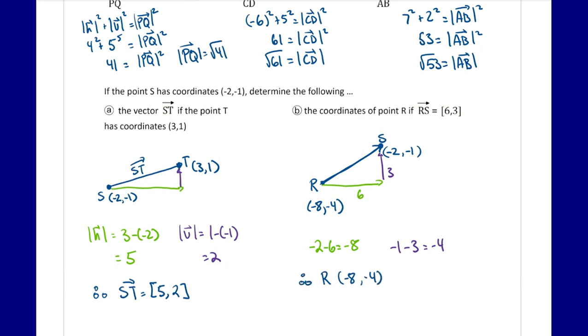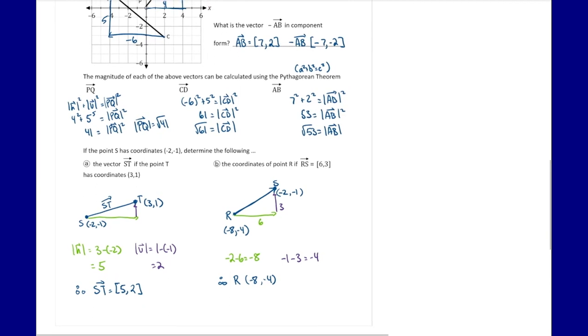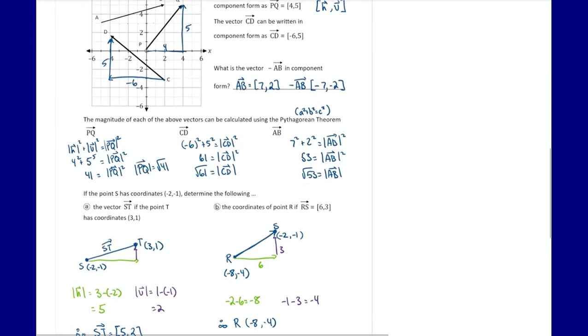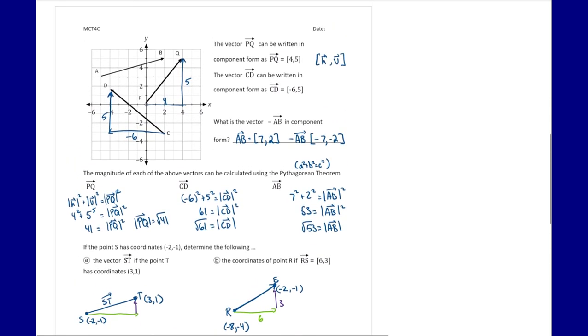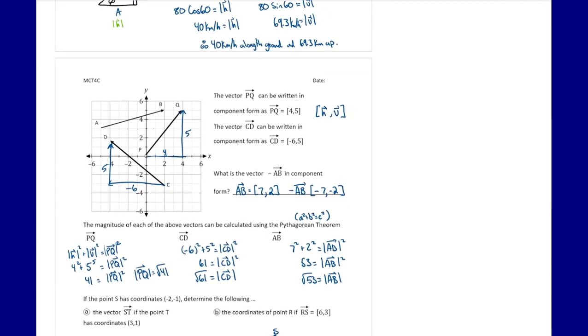So this lesson was just focusing on breaking down vectors into a horizontal and vertical component, understanding how to find the horizontal and vertical component if we are given angles and degrees and magnitudes. There's also ways that we can figure out the horizontal and vertical or the magnitude if we are given just the vector on a grid.